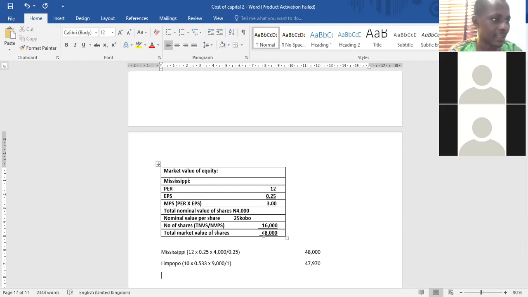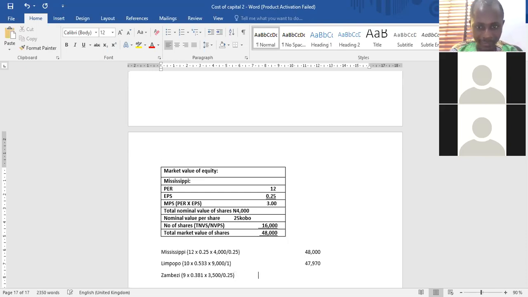Next, Zambezi. For Zambezi, the price earnings ratio is 9, times the EPS of 0.381, times the total nominal value of shares of 3,500, and the nominal value per unit for Zambezi is 25 kobo, 0.25.